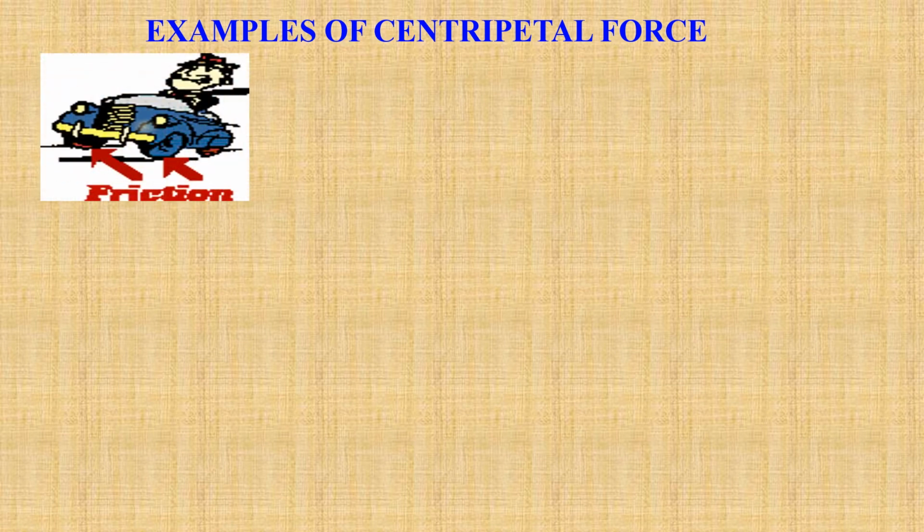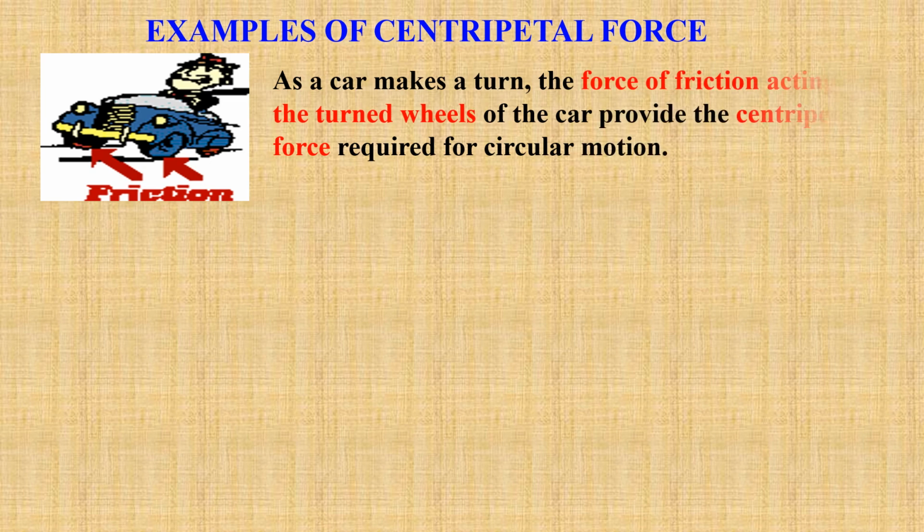Let's look at some examples of centripetal force. As a car makes a turn, the force of friction acting upon the turned wheels of the car provides the centripetal force required for circular motion.